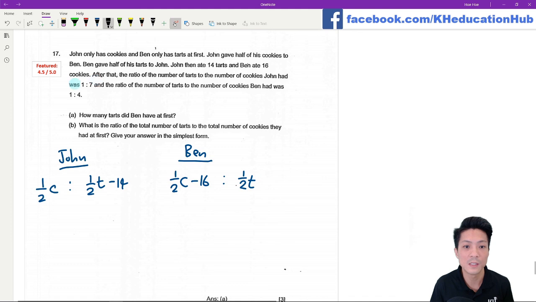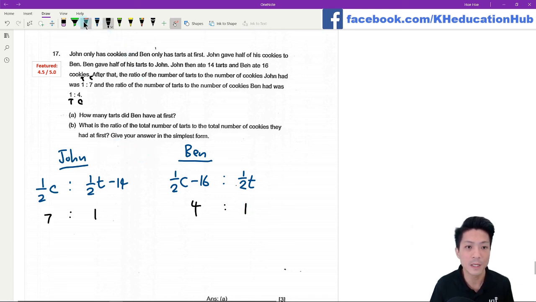So this is tarts is to cookie, which means that this will be 7:1. For Ben, the ratio of the number of tarts to the number of cookies is 1:4. Same thing, this is tarts is to cookie, so this is 4:1.